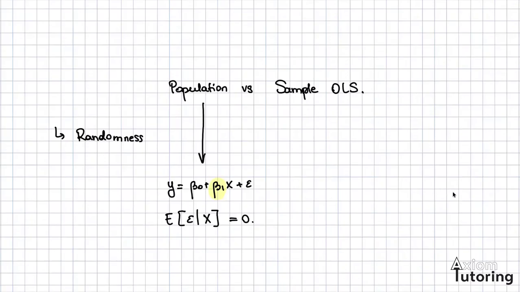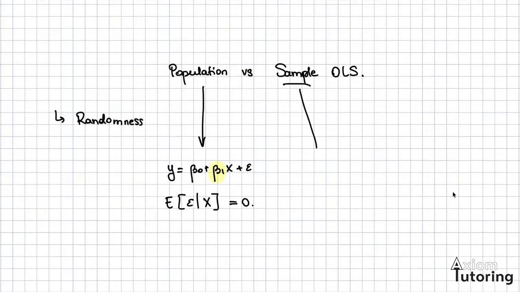So what happens when we collect a sample? When we're collecting a sample, we're estimating all over again. Let's say that the beta 1 hat here would be a consequence of us estimating the minimum with respect to beta null and beta 1 of the sum of y minus beta null minus beta 1 x, all squared. Okay, so same idea.